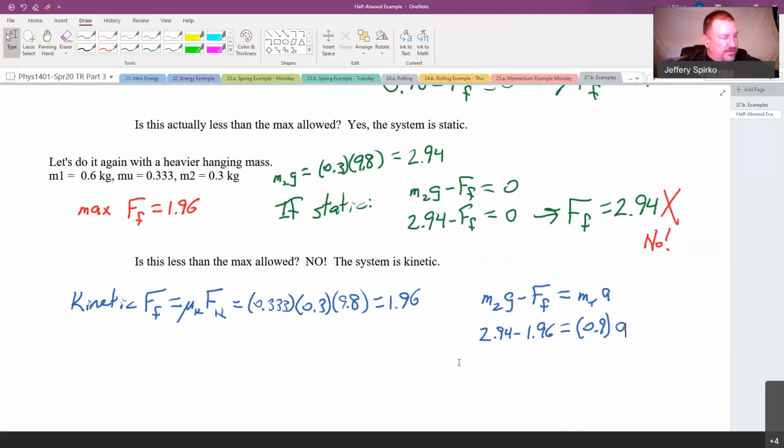The acceleration is 1.09 meters per second squared is equal to A.